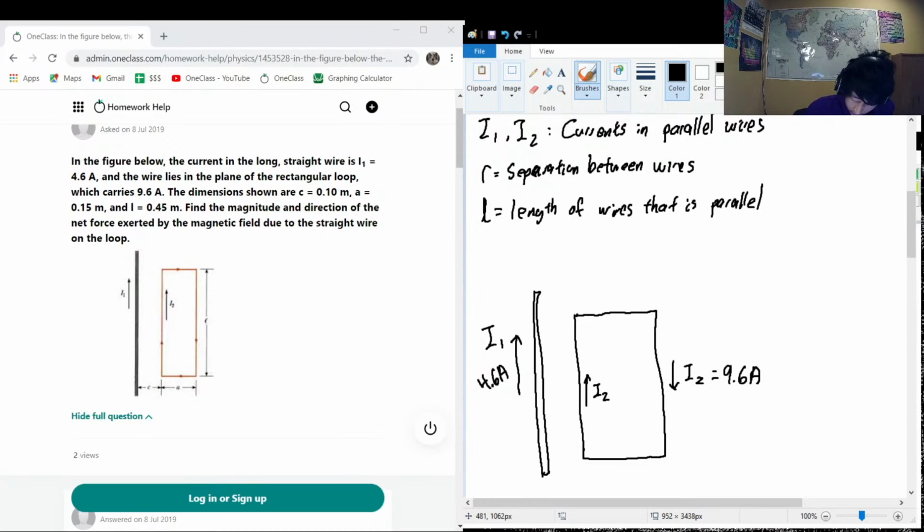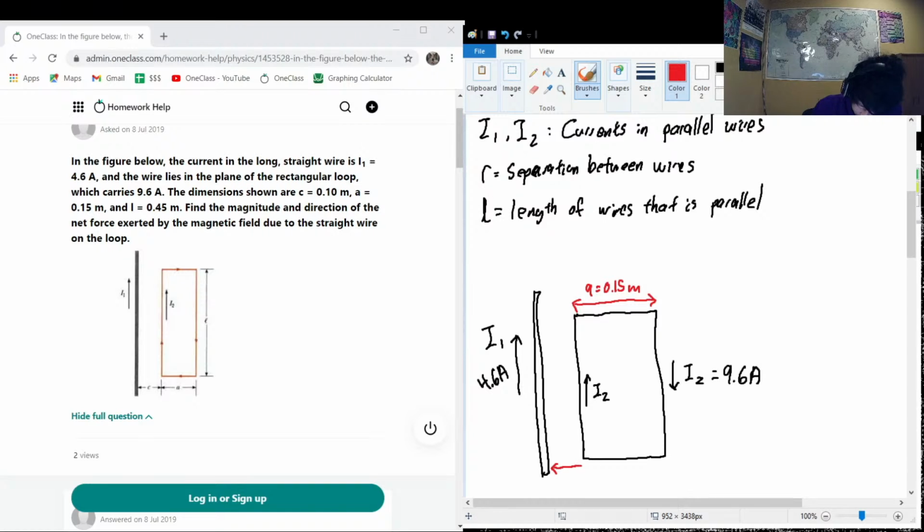Okay, then we have to have some distance values. Let's put them in red. So this distance here, that's distance A, and A equals 0.15 meters.